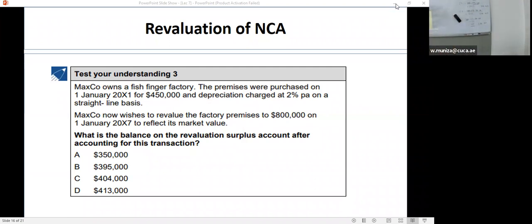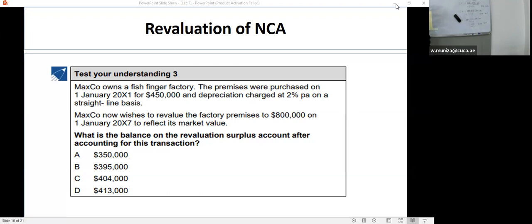At 1st January 2001, the asset has been purchased. The cost has been $450,000 and depreciation is charged at 2% per annum on straight line basis. Now I will be calculating the depreciation a little bit quicker, students. You need to cope up with that. For how many years is the depreciation being taken in between? 2001, 2, 3, 4, 5, 6.